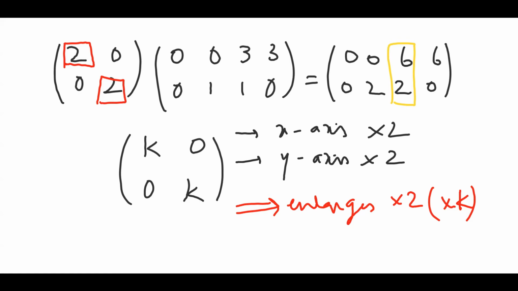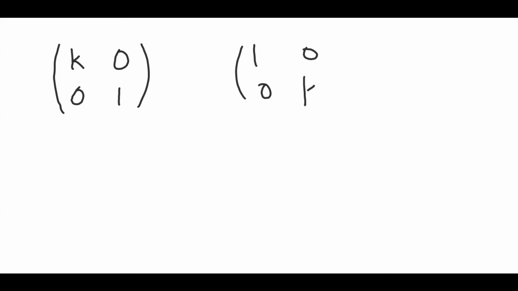Making a summary of this entire thing, we say we have one matrix that is [k 0; 0 1]. We have another matrix that is [1 0; 0 k], and we have another matrix that has [k 0; 0 k].